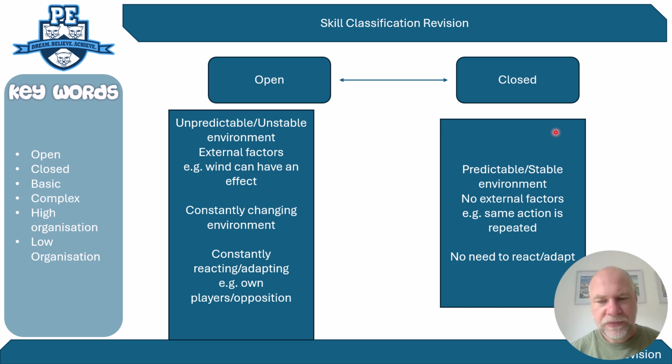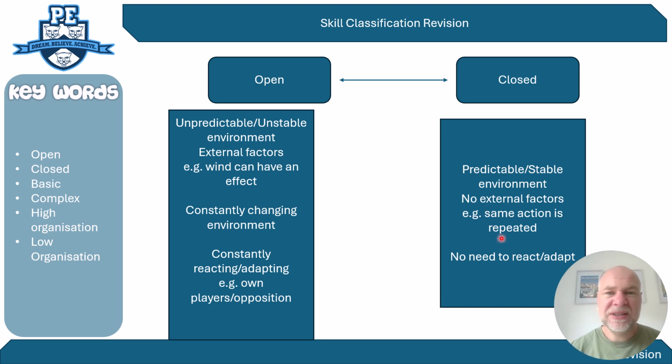A closed skill, remember we're looking at skills, not sports, is where the environment is stable and quite predictable. It's the same thing over and over again. There aren't really many external factors, so the action is repeated over and over again.